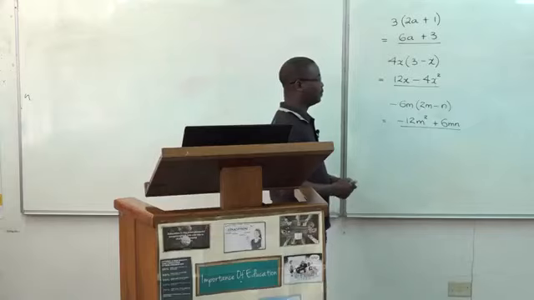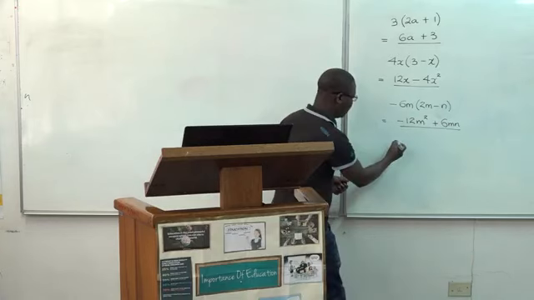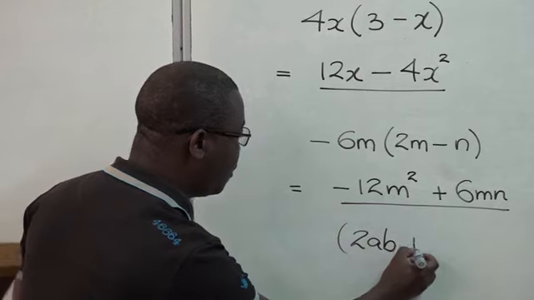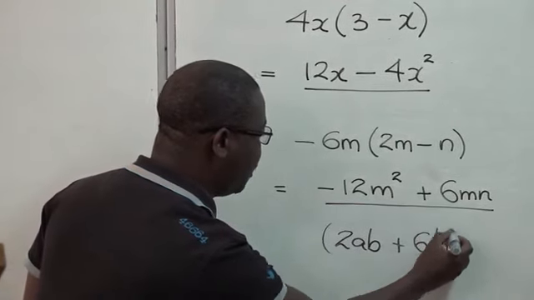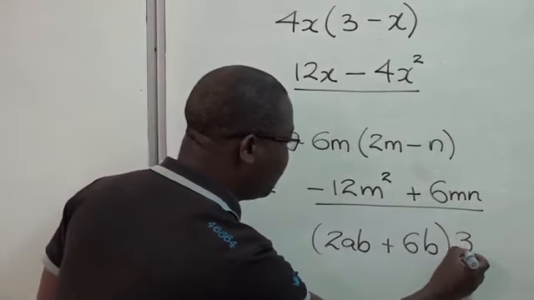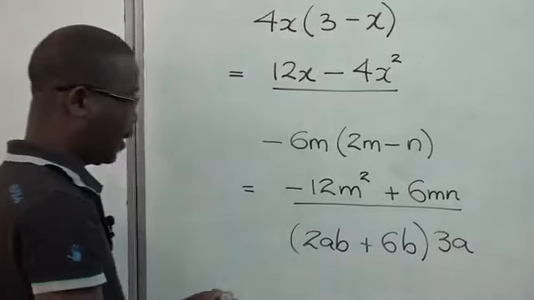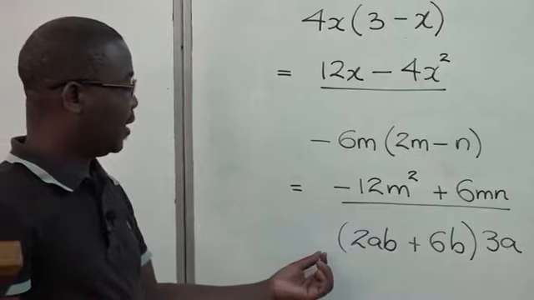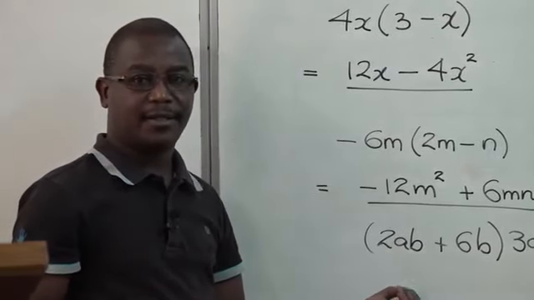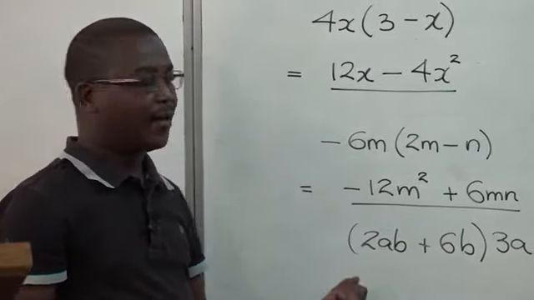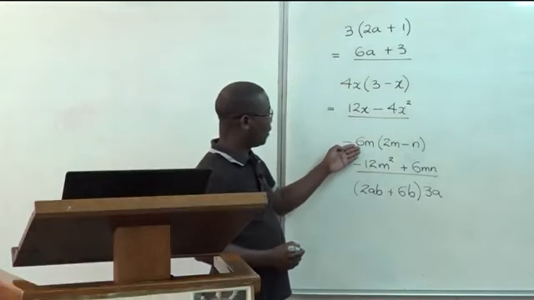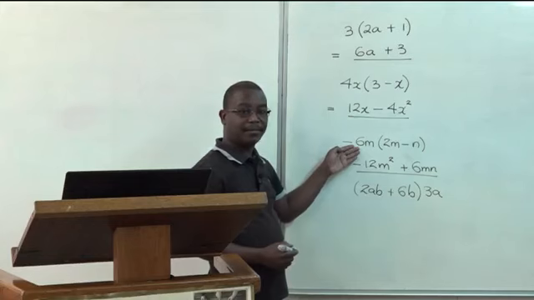Our last example is (2ab + 6b) multiplied by 3a. I put this question here because there is a tendency with students to memorize that normally our monomial is always on this side of the bracket.